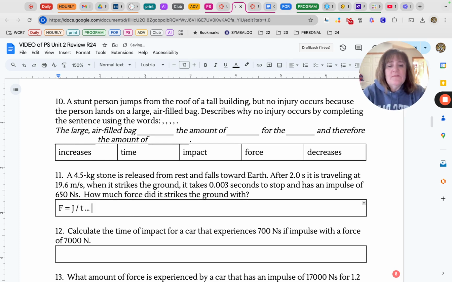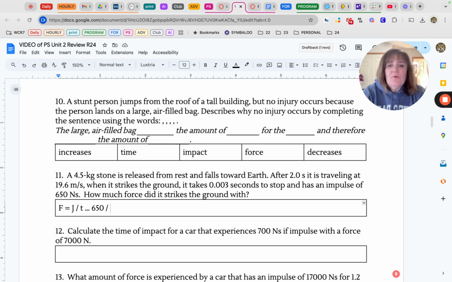Well, we got to decipher this problem. Remember, you're looking for units. The units of impulse are Newton seconds. 650 is the number given with Newton seconds. Slash means divide. And now I need the time in the problem. Well, I got to be very, very careful because there are 2 times given in the problem, but I want the time of impact.